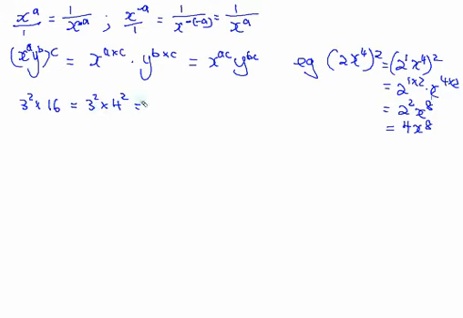Since they have the same power, I can rewrite this as (3 times 4) to the power of 2. So from this I can convert to this. So this formula can go either way. Sometimes from here to here is simplified, or sometimes you go this way in order to simplify.